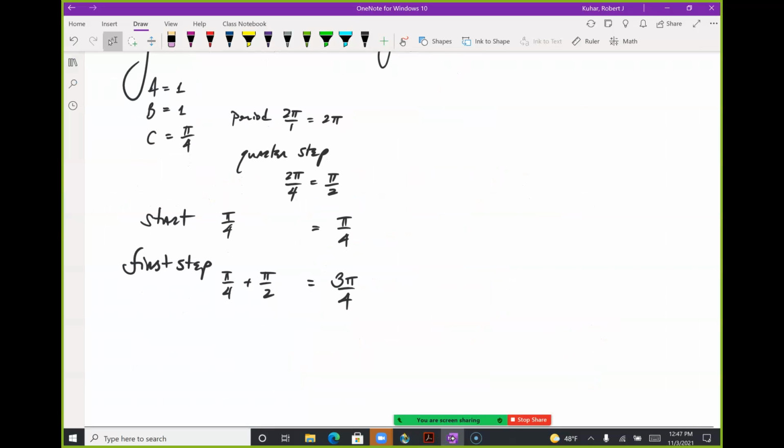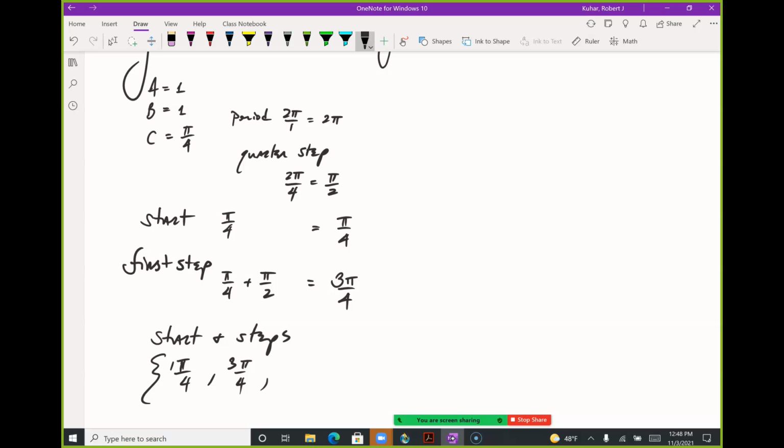So now I can see my start and steps are pi over 4, comma 3 pi over 4. I know this sequence is arithmetic because I'm adding the same quarter step every time. So what comes next? 5 pi over 4, what comes next? 7 pi over 4.